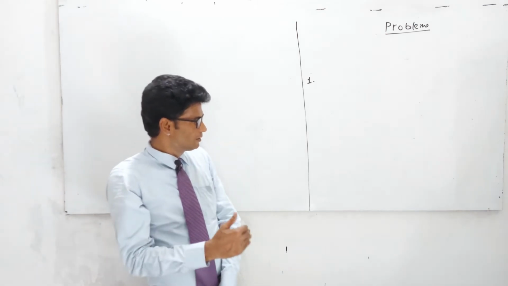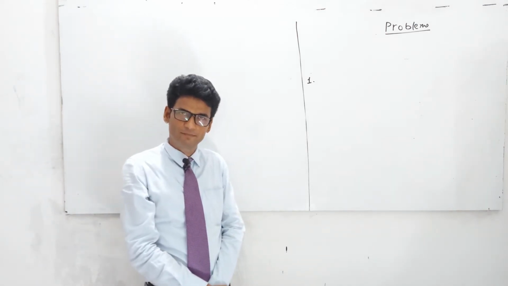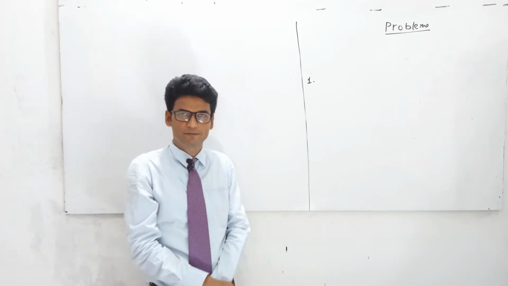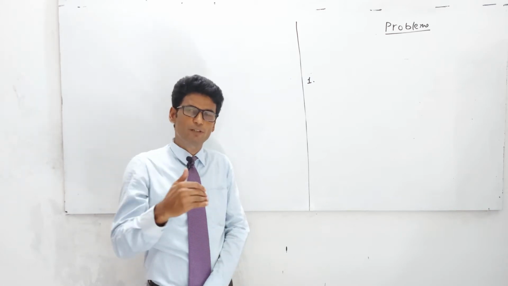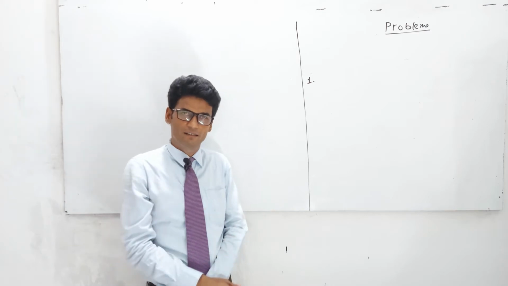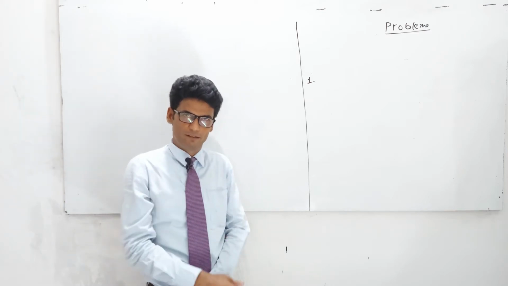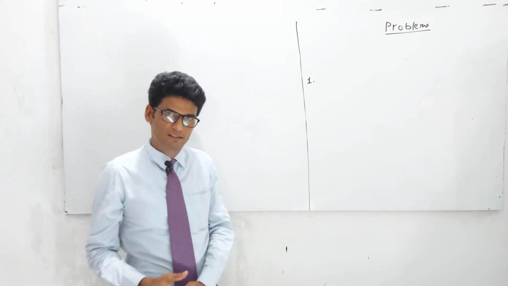Say plane A is moving with constant velocity, say 100 root 3 meter per second, making an angle of 30 degrees from the horizontal in anticlockwise sense.